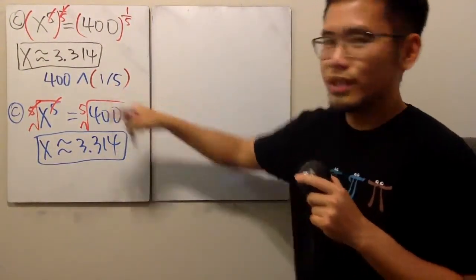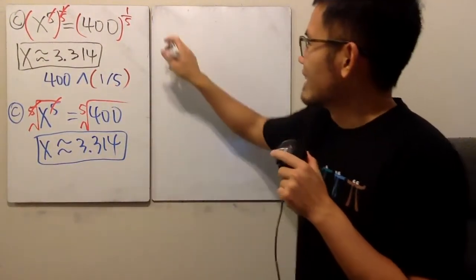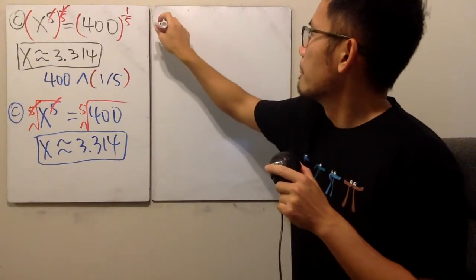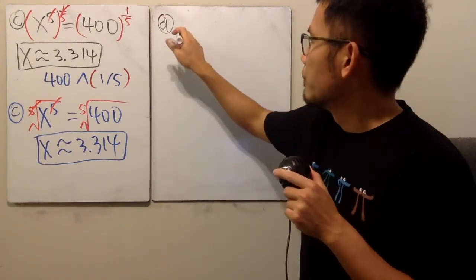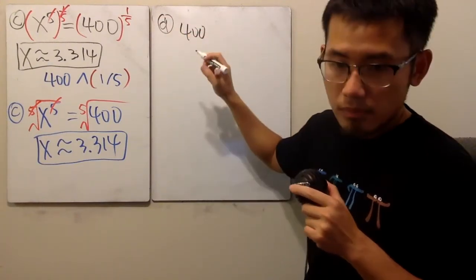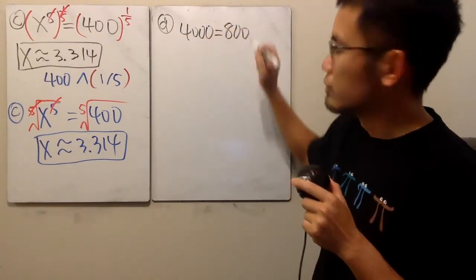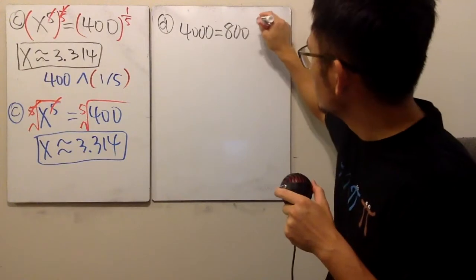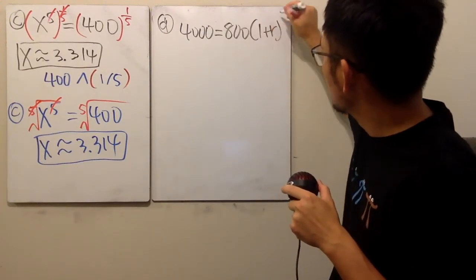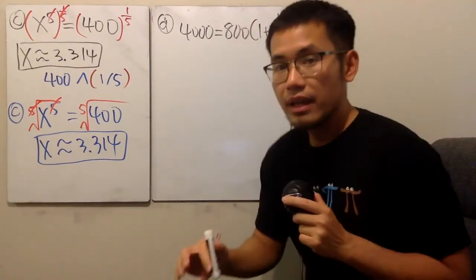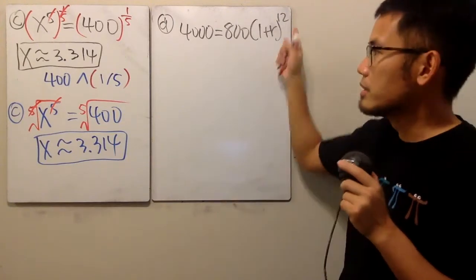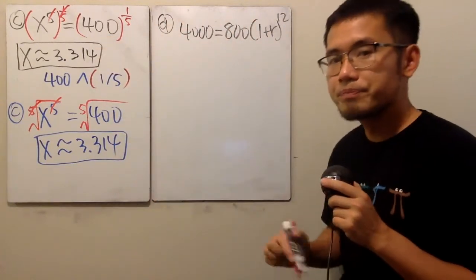I still prefer you guys to do it this way. Alright, the equation is, we have 4,000 equals 800 times 1 plus r to the 12th power, like this. This is a power equation, right? Just like that one earlier.